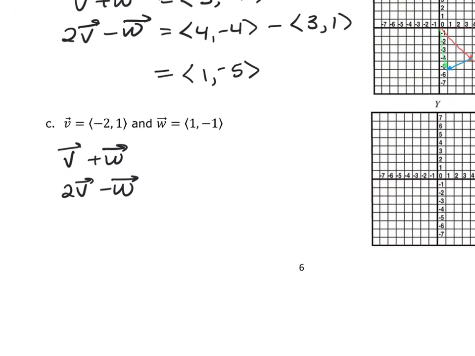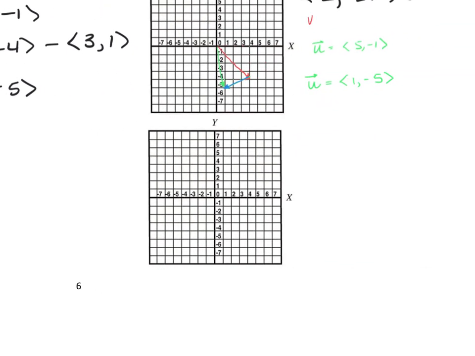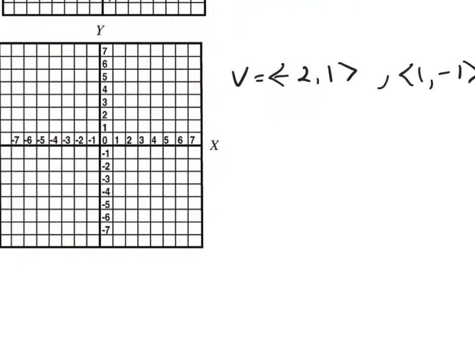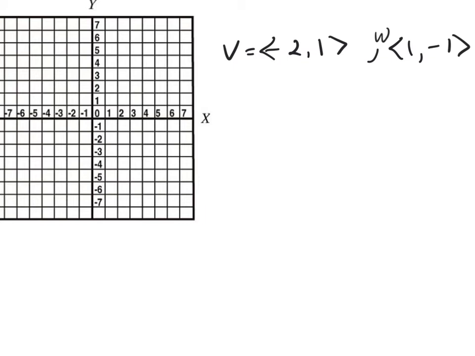Okay, last one. Let's just do the graphing part of it. I have v, which is negative 2, 1, and my w, which is 1, negative 1. So once again, this time I'm going to go to the left 2 and up 1.